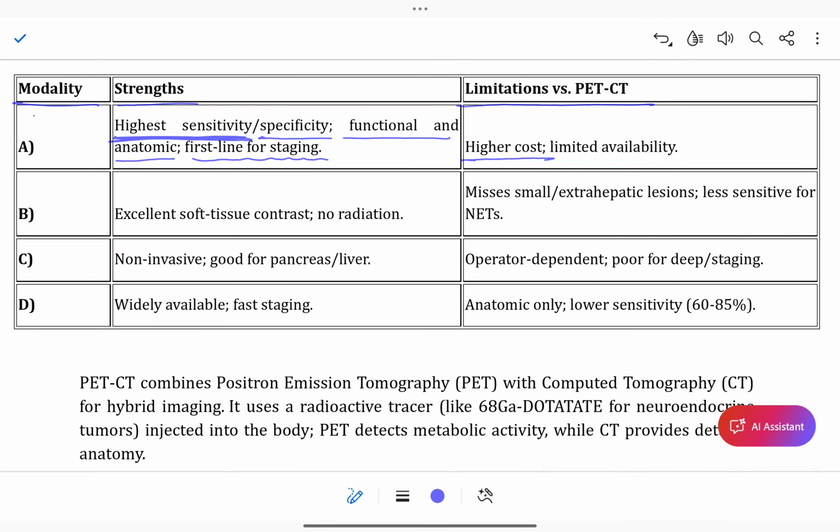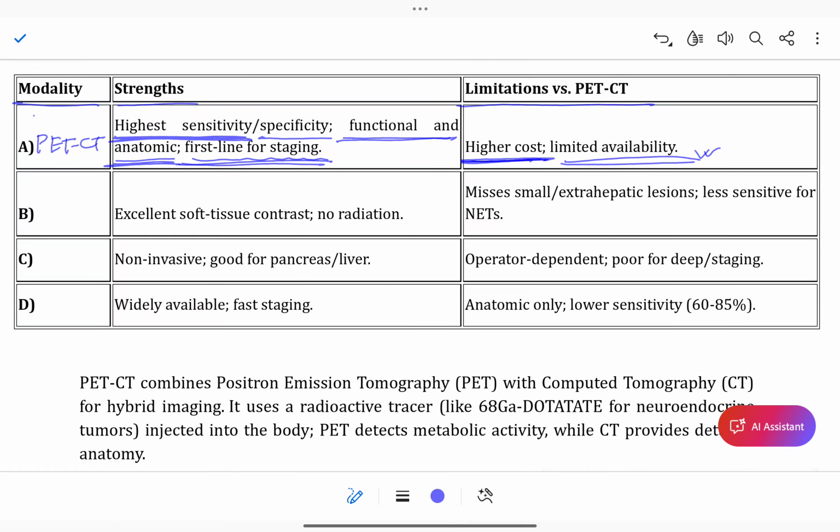Limitation: higher cost and limited availability of PET-CT. It is not available everywhere, especially in village areas.